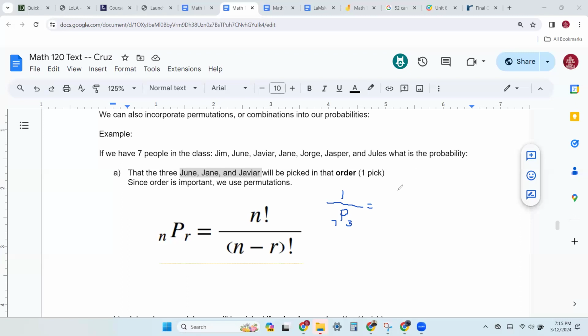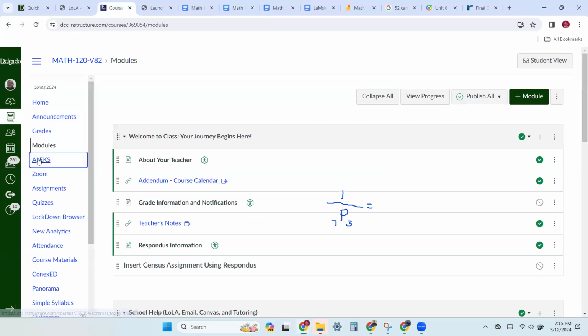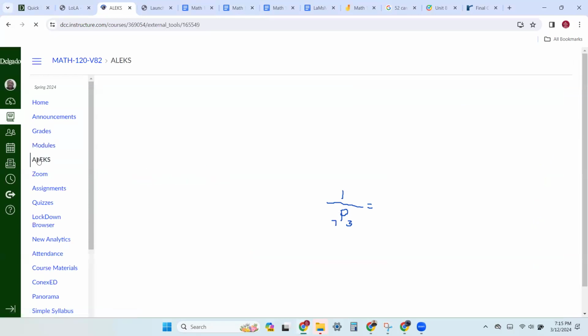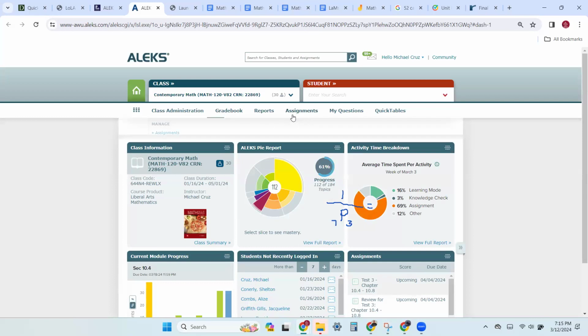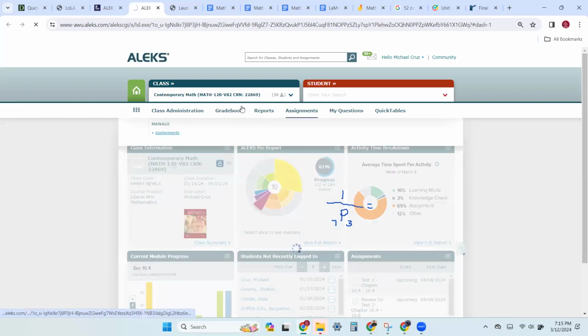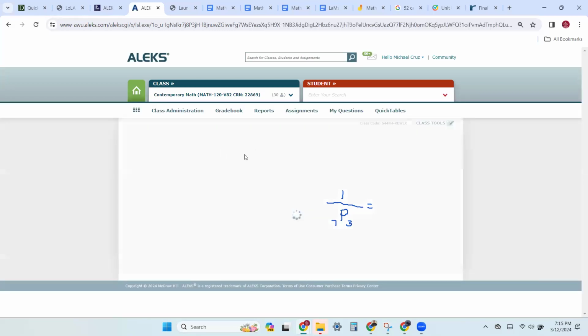So that ends up being, let's see if we can get that little calculator here. I've got to go to one of the assignments to get it. But that calculator does a good job for these things.